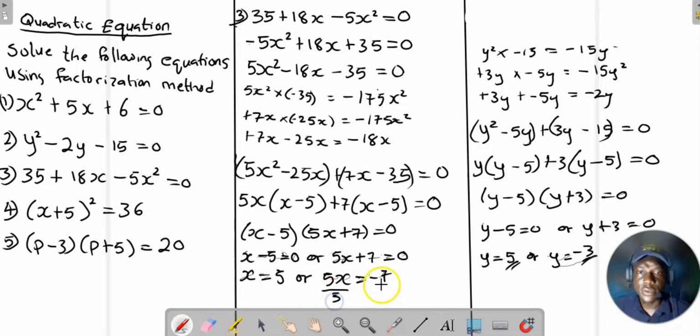So divided by 5, divided by 5. The 5 will cancel out, then your x here will be equal to minus 7 over 5, and these are your final answers.